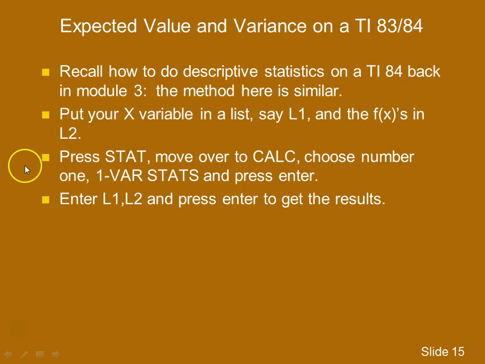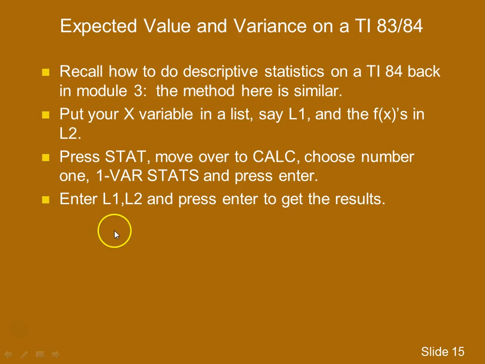Press your Stat button, move over to Calc, choose number 1 variable stats, and press Enter. Now the calculator wants to know where your variable is. You're going to enter L1, comma, L2, and press Enter.